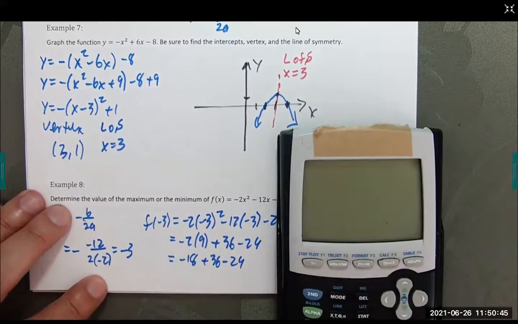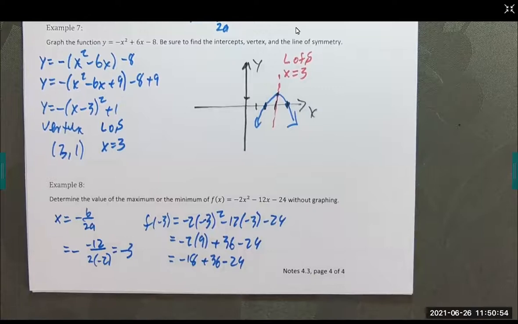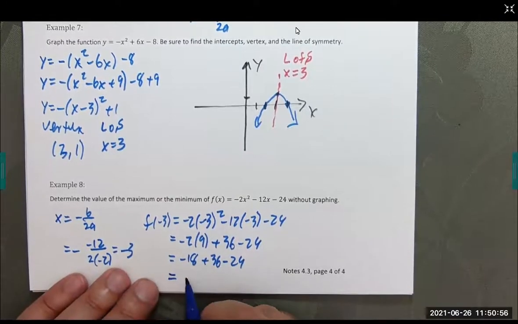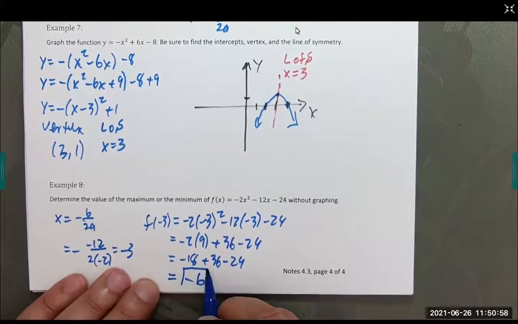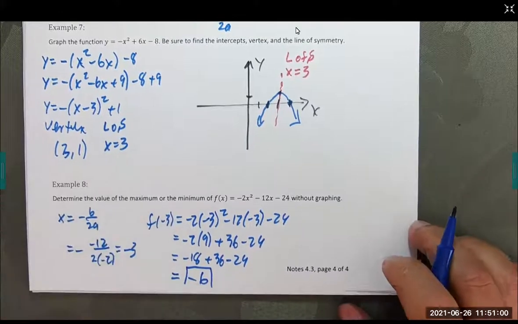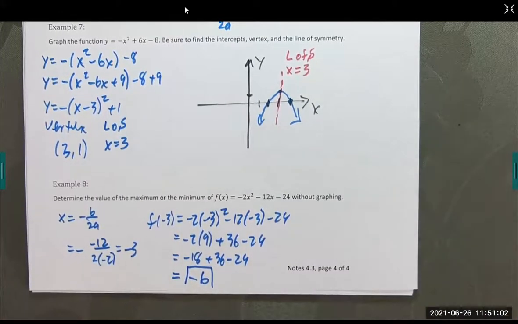What we got here? -18 plus 36 minus... -6. So the answer in this case is -6. Minimum or maximum refers to the y value. Not so bad.